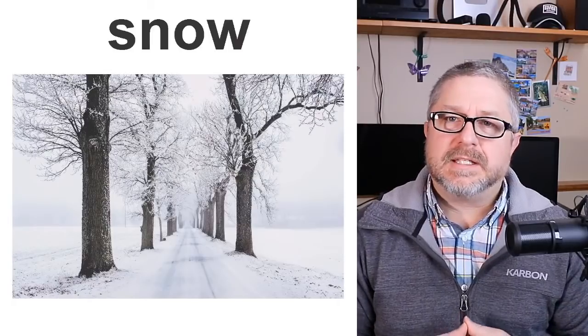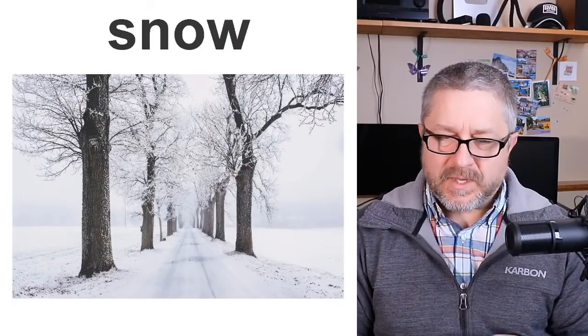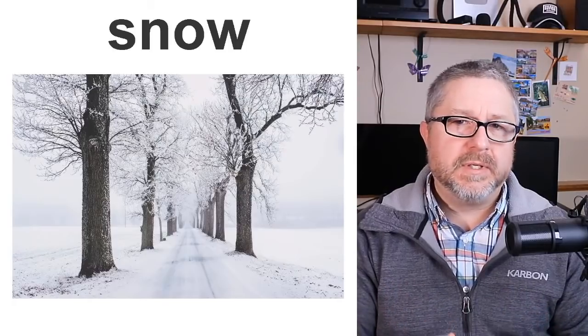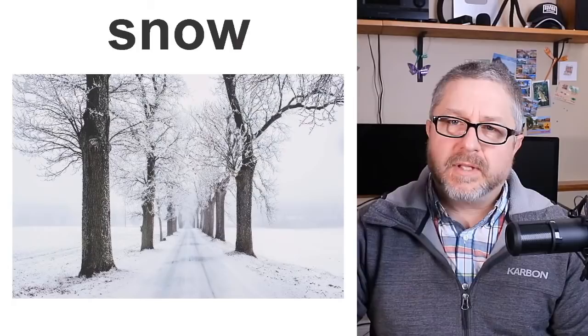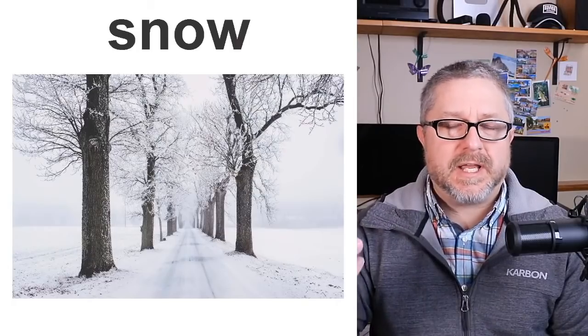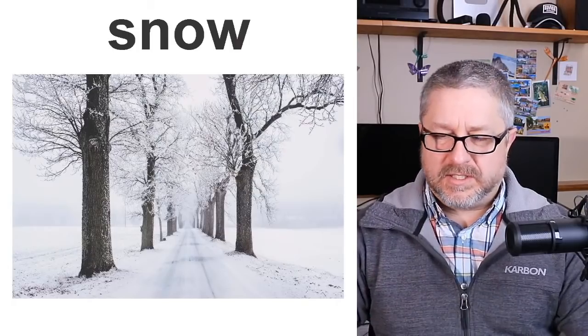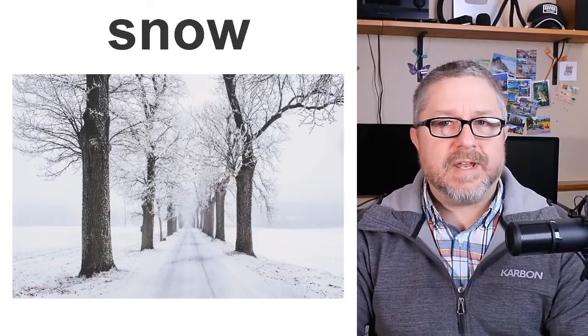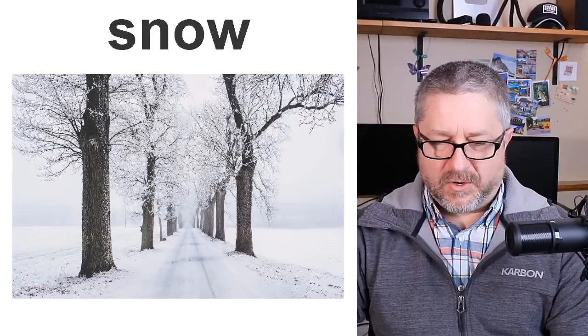One of the things that's neat about snow is that it not only lands on the ground, it not only accumulates on the ground, it also lands on buildings and trees and cars, and it just creates this really beautiful white scenery.